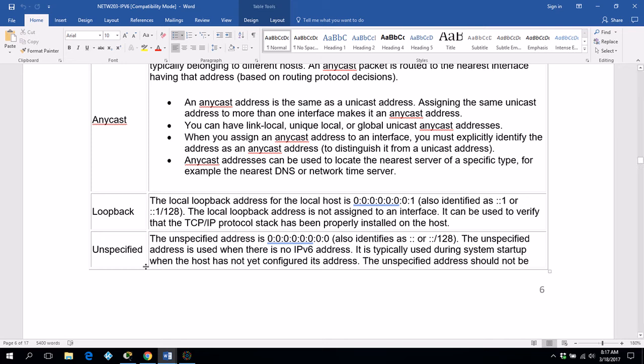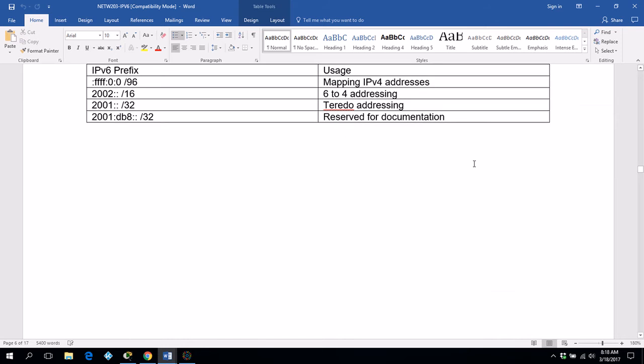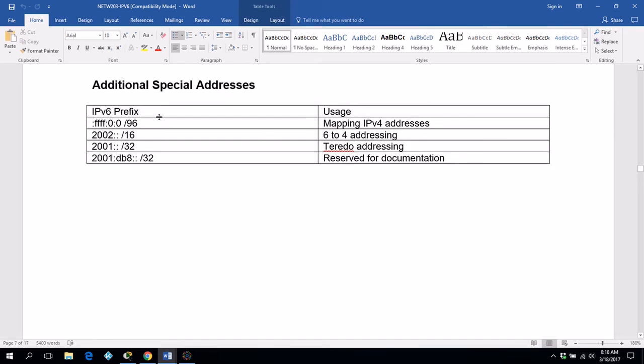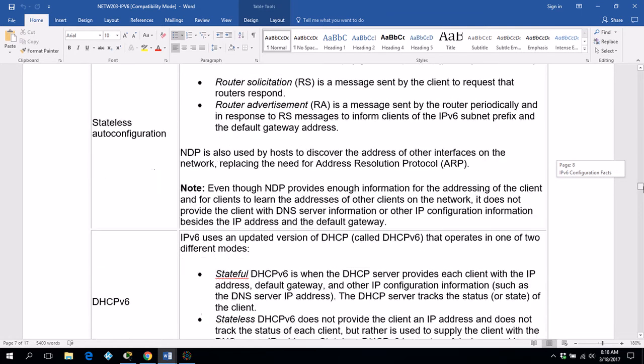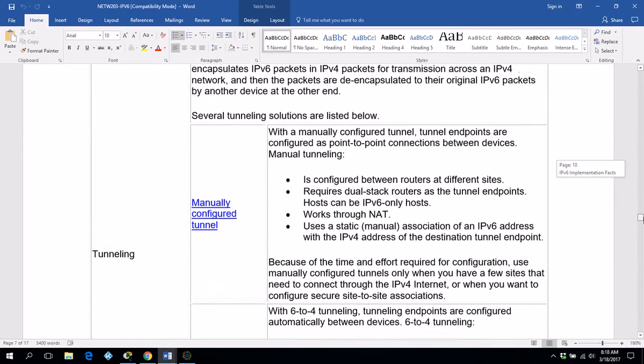If you get an IP address with all zeros, that means you don't have an IP address assigned. And here's a whole bunch of different special IP addresses you should be familiar with. Take a look at this worksheet. It has a lot of details, and it talks about the configurations and a whole bunch of other good stuff I put up here for you.